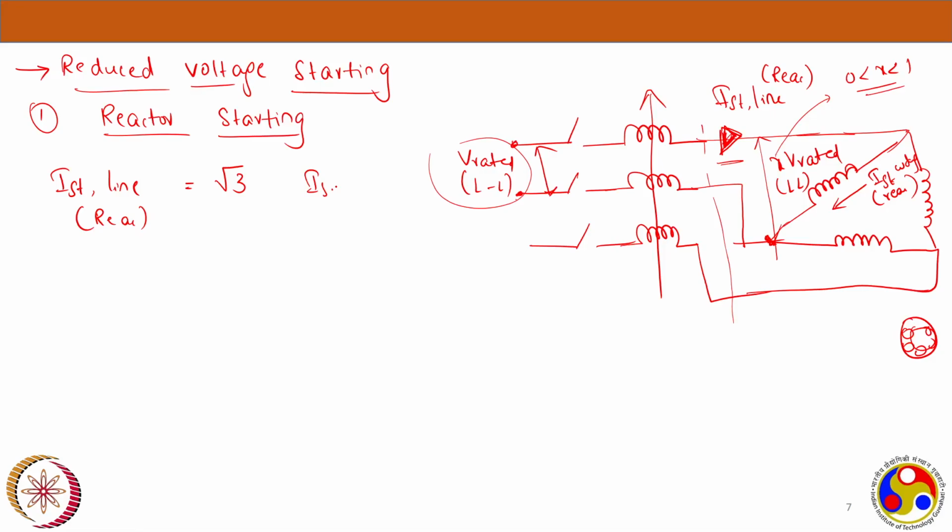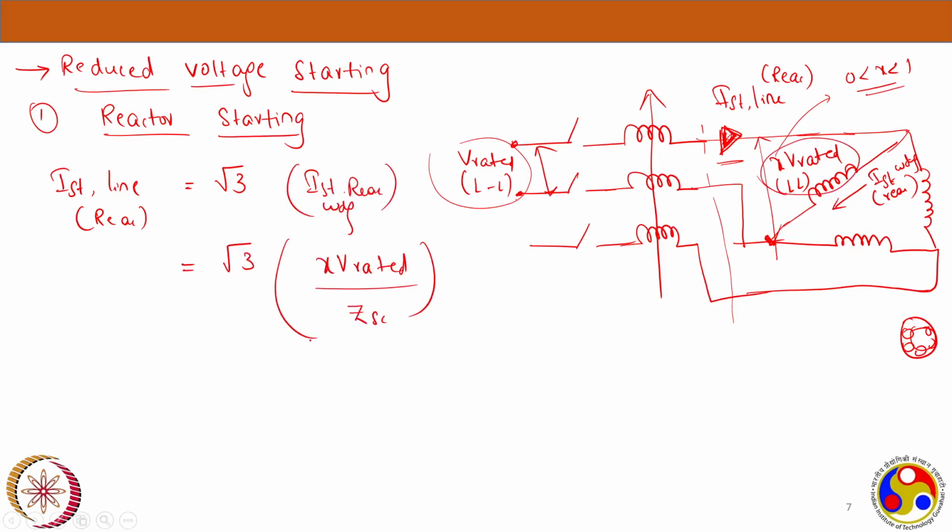Impedance remains the same. We have not changed any impedance here, but the voltage is being reduced. So this is the starting current in the reduced voltage starting. Now, if you see the starting torque in the reactor starting, it is P_AG by 2 pi Ns.